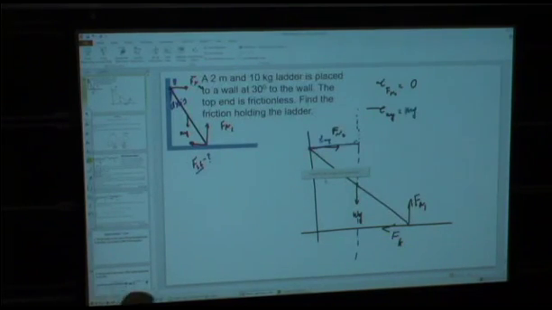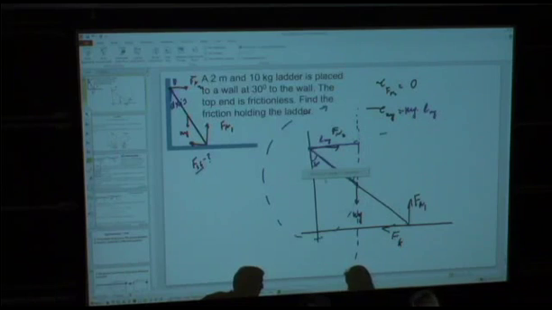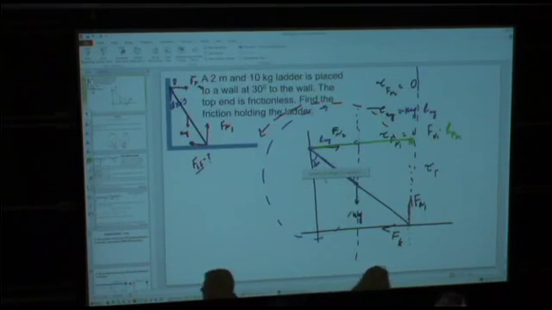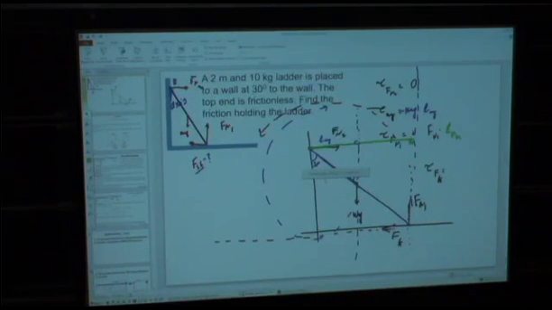The shortest distance from the axis of rotation to the line of action. The purpose of it is to calculate torque. It is a distance, yeah, the lever arm. So it's the distance for the torque formula.